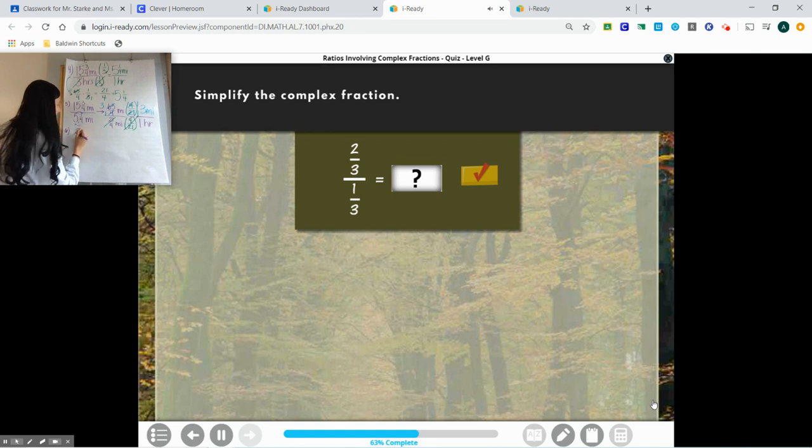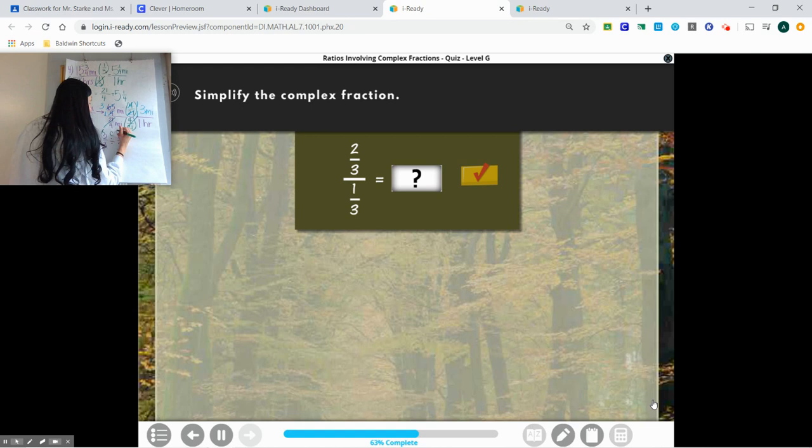Simplify the complex fraction. 2/3 divided by 1/3. Okay, so to simplify or get our answer, we do want this to be 1. But what this complex fraction means to us is 2/3 divided by 1/3. Now we know how to do this problem.